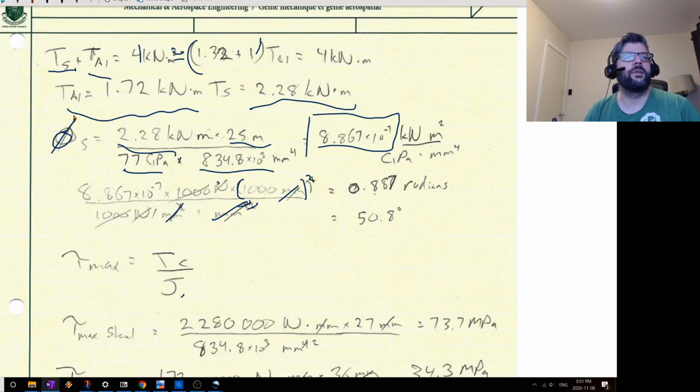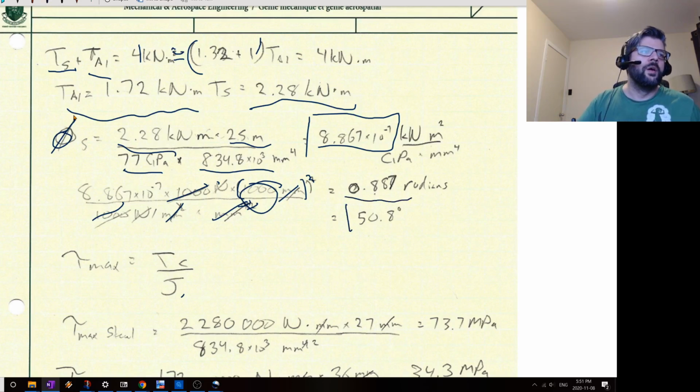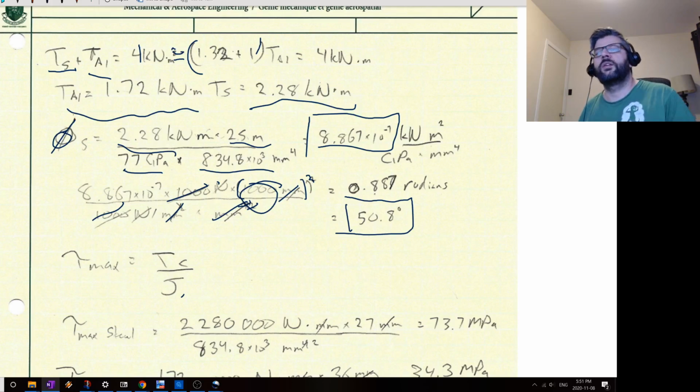And one of these thousands cancels out, so we're just left multiplying the 8.867 times 10 to the negative 7 by 1,000 twice, so 10 to the 6, which brings us back up to 0.887 radians, or 50.8 degrees. That's a fair amount of twist, but it's over a 25-meter section, so that's reasonable at least.